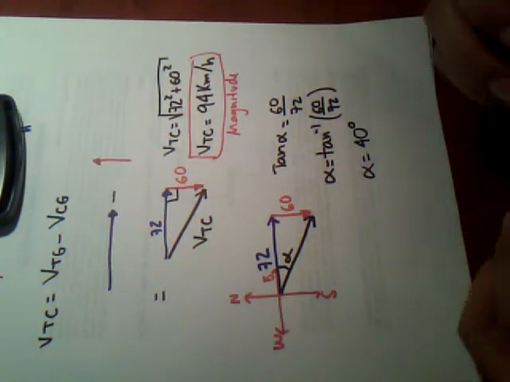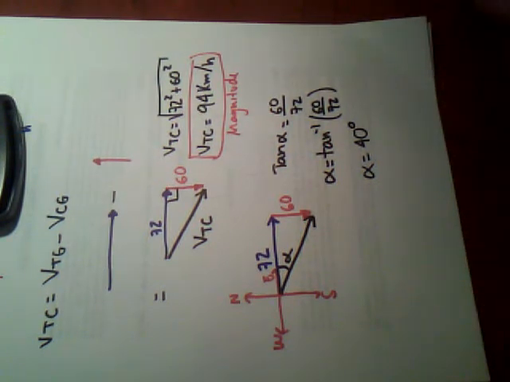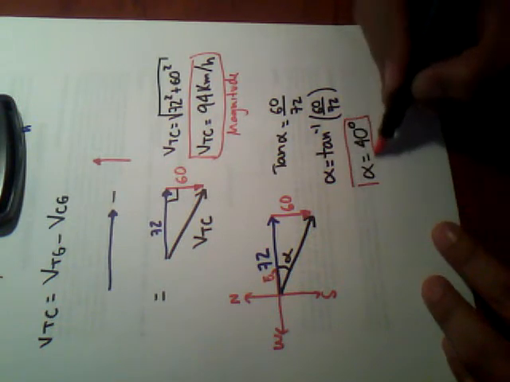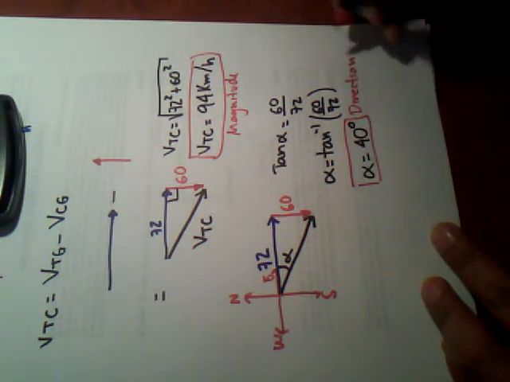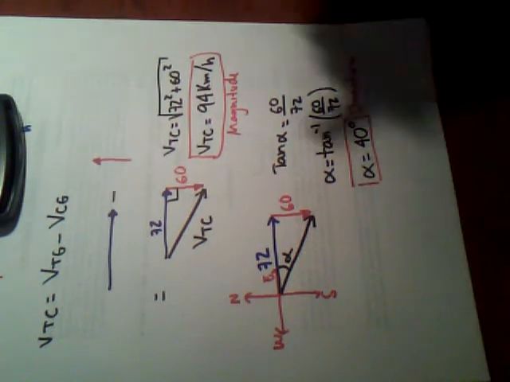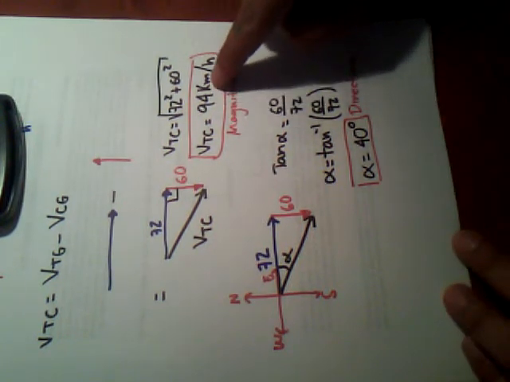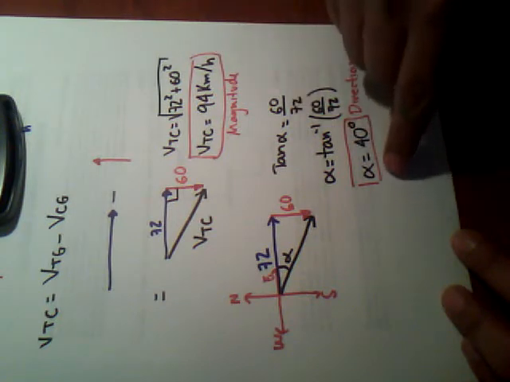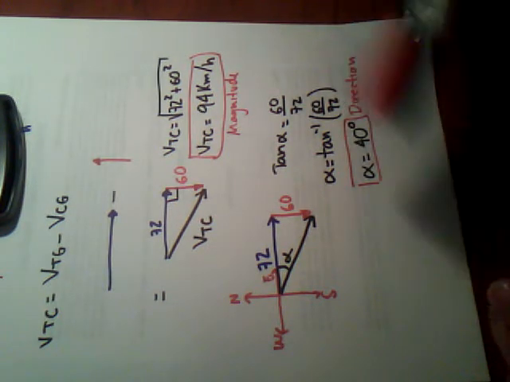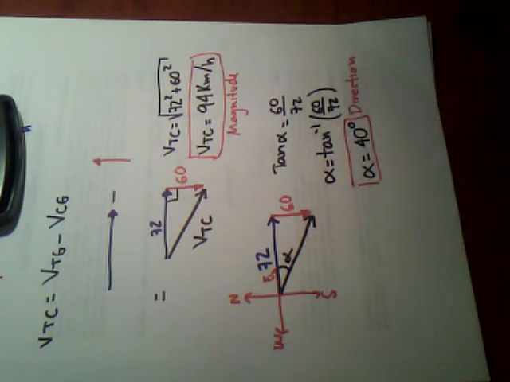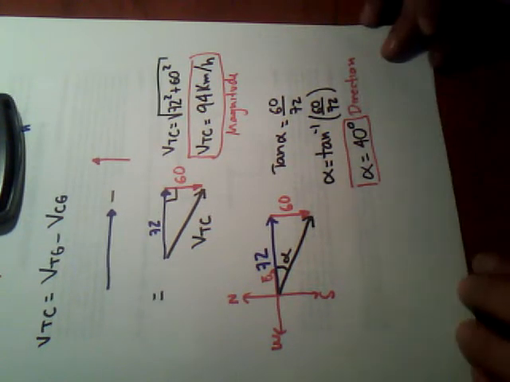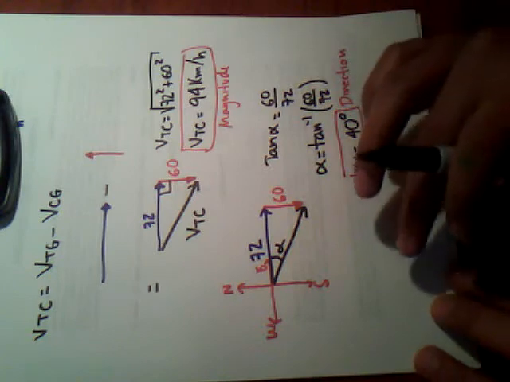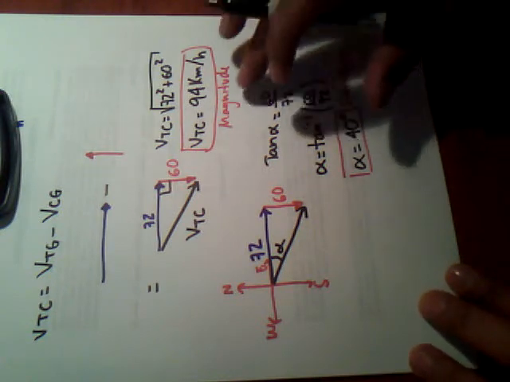So now I have found the direction, right? I know that the magnitude of the velocity is 94 kilometers per hour, and it has a direction of 40 degrees. But to complete the answer, I need to give one complete sentence describing the velocity.